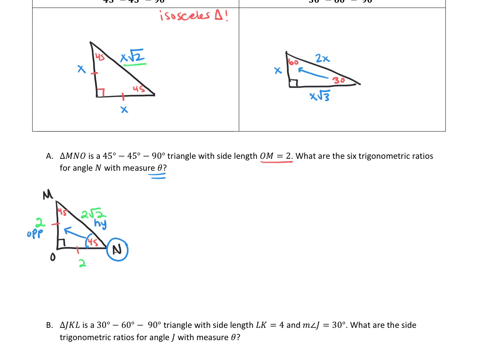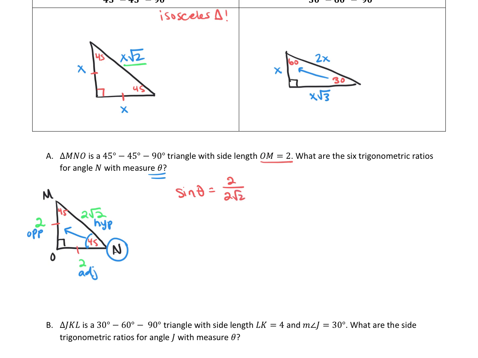Our hypotenuse is that 2 root 2, and the adjacent side is that 2 on the bottom. Now we can find our 6 trig functions. We know all 3 sides of our triangle, and we know what angle we're using. So even though it's angle N, they told us to use theta, so sine of theta is equal to the opposite side, 2, over the hypotenuse, 2 root 2.